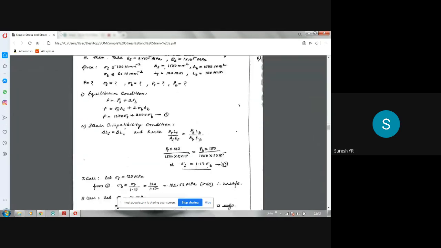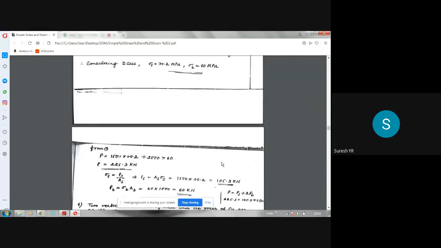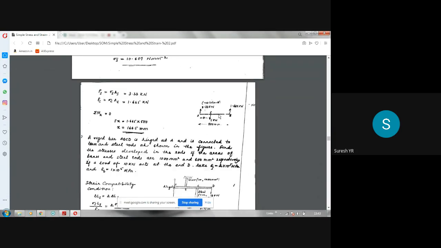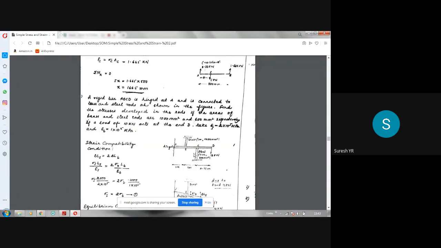Whereas here, the load is not acting on the bars, it is acting somewhere else. In that case, the moment will come into the picture. When the load is not acting along the bars, we have to take the moment. That is very important. Now the next problem also, here also the load is not acting on the bar, it is acting somewhere else.